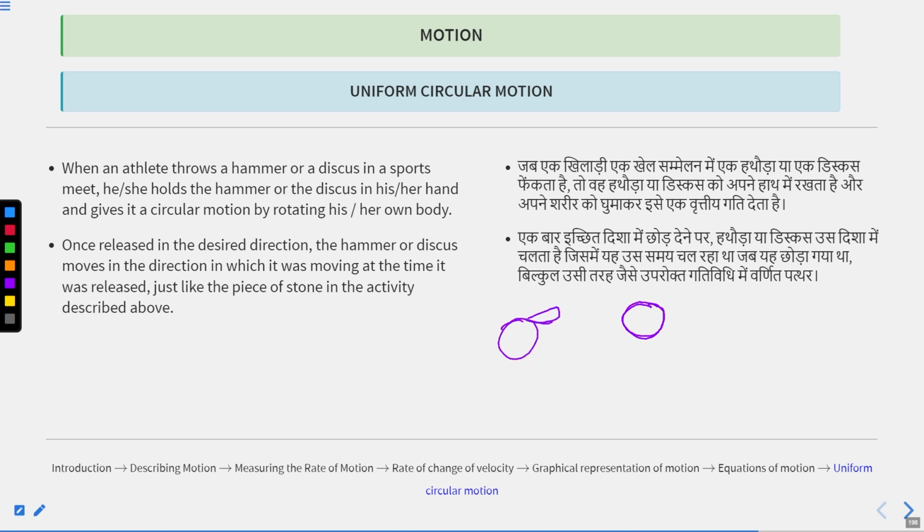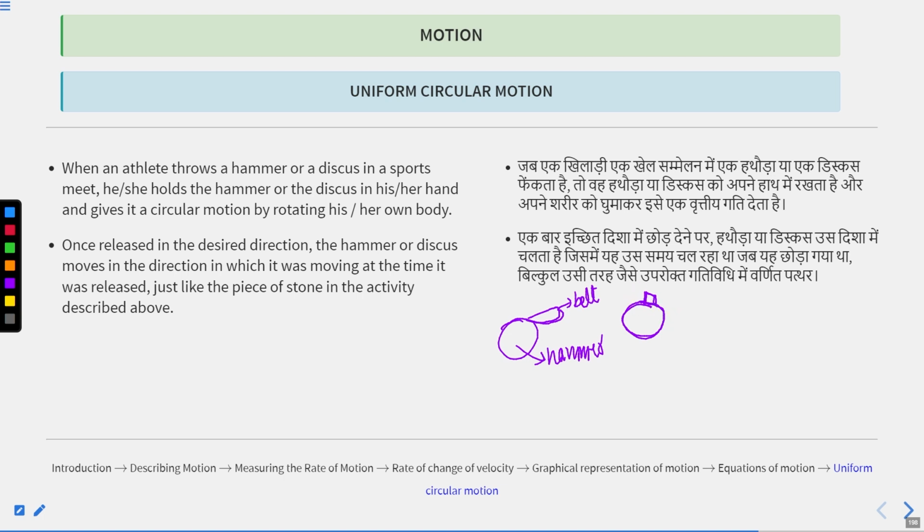Similarly, it happens with a round hammer. This is the hammer, and this is the belt. You grip the hammer by the belt and you give it a circular motion and try to release it. When you release it, the hammer was moving at its tangent.